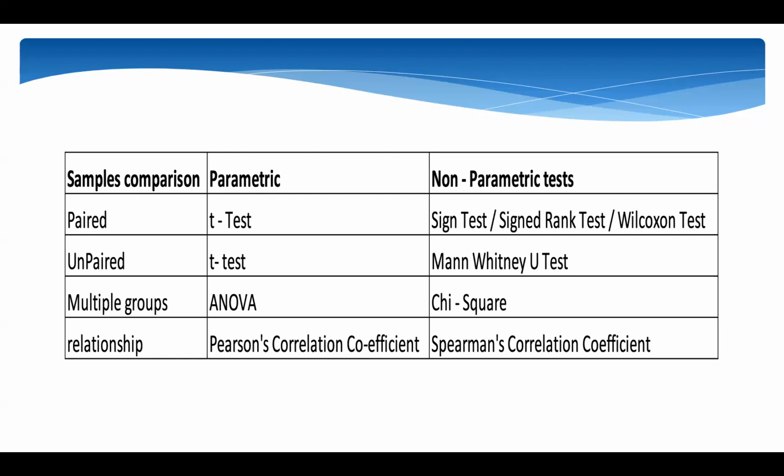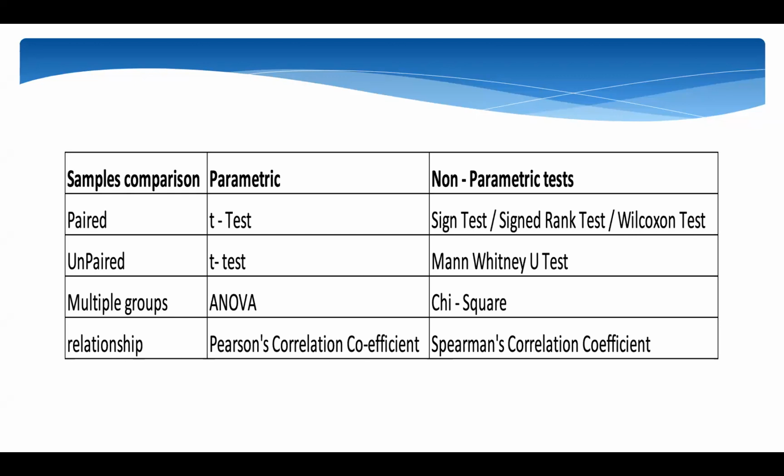By paired, it means it's the same people. And we can do a t-test for that. For a parametric test, we can use the t-test. And for the same paired data, if it doesn't fall under the assumptions of the parametric test, we can use the sign test, sign rank test, or Wilcoxon test.